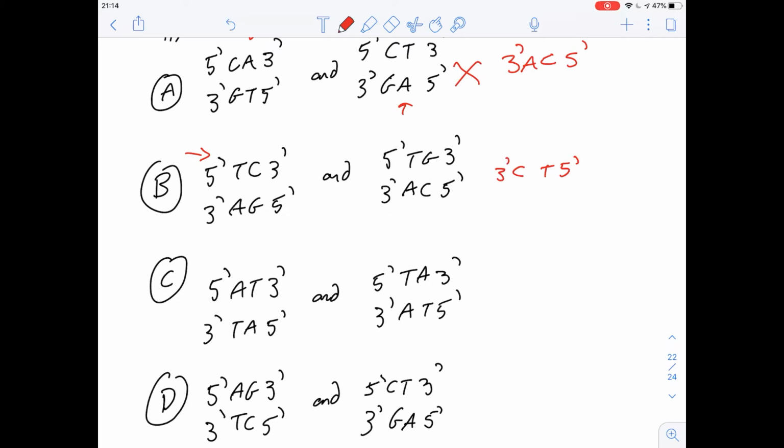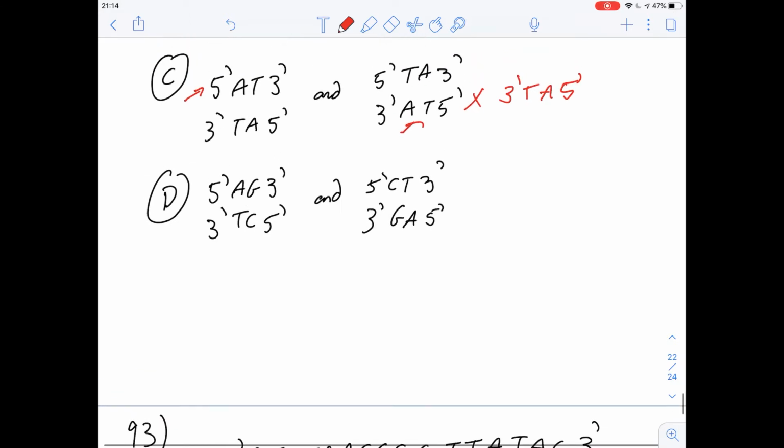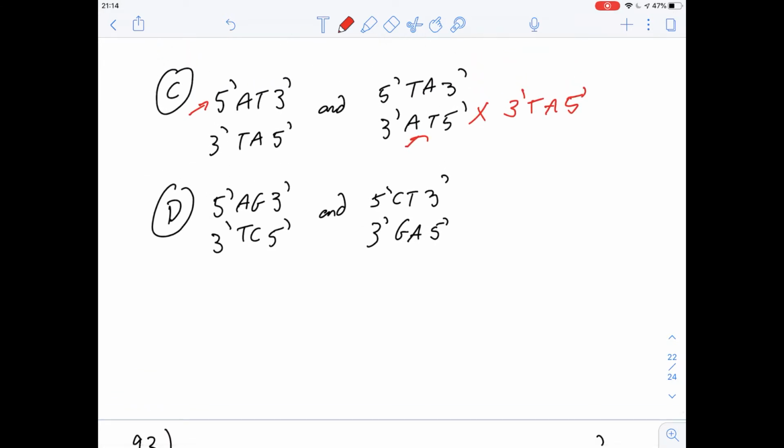Again, looking at this top one, we can write it out backwards: 5', T, C, 3'. It's not present here, so we can rule out B. For the next one, writing the top one backwards gives 5', A, T, 3'. We've got something close here, but it's not quite there, so it's a no. What about D? We'll take this one.